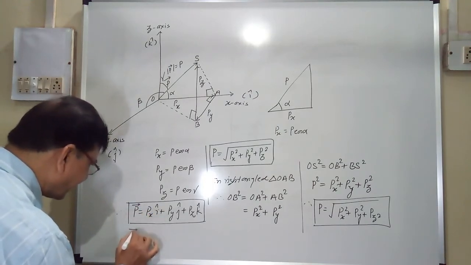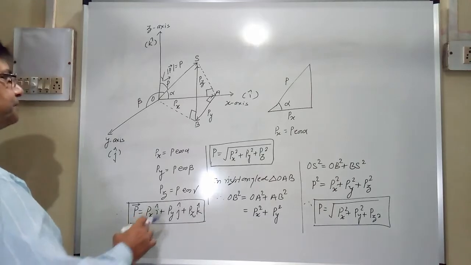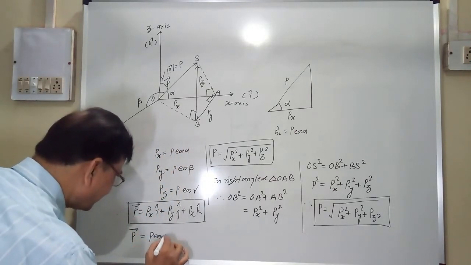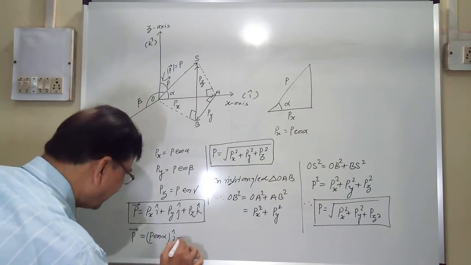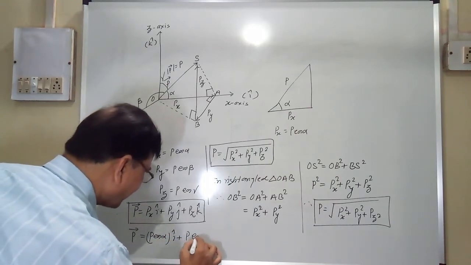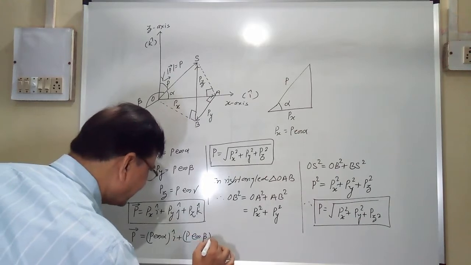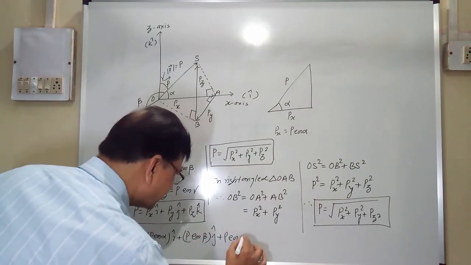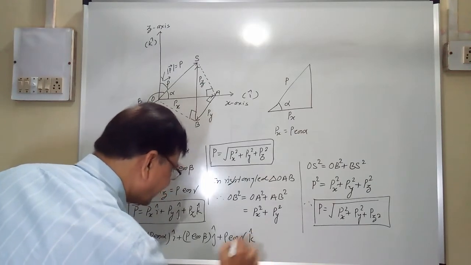This is p vector. P vector is equal to, we can write this also, p cos alpha i plus p cos beta j plus p cos gamma k.